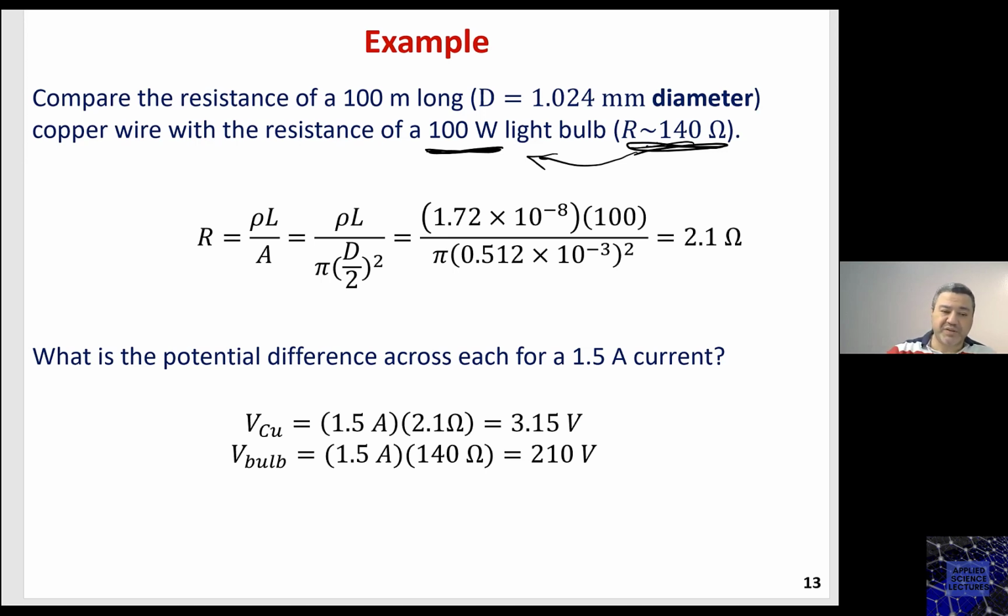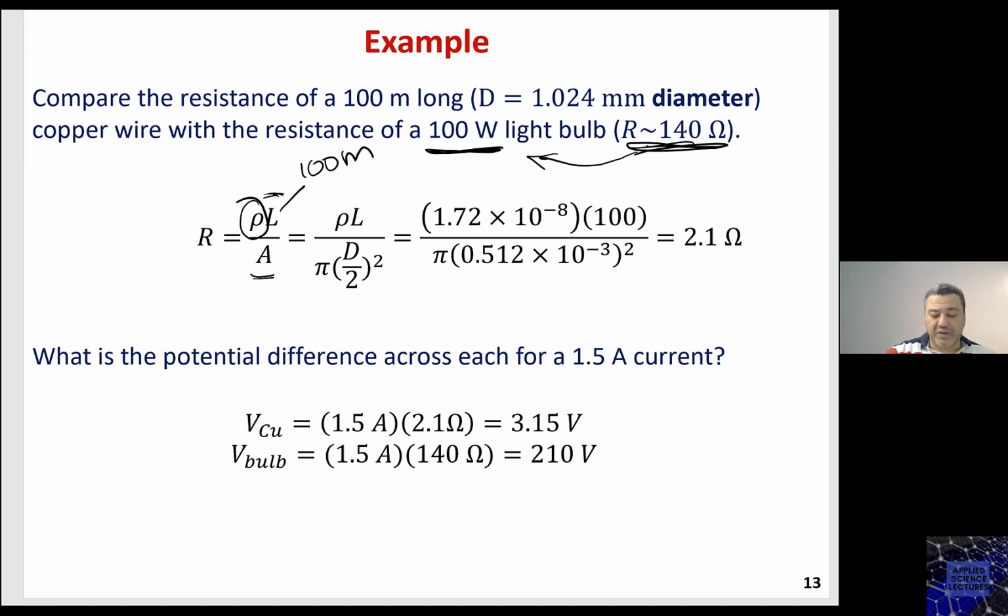So let's start first with the resistance. We know that the resistance equals the resistivity times the length divided by the cross section of the geometry of the resistance. Here we have a wire of 100 meter, so the length is 100 meter.